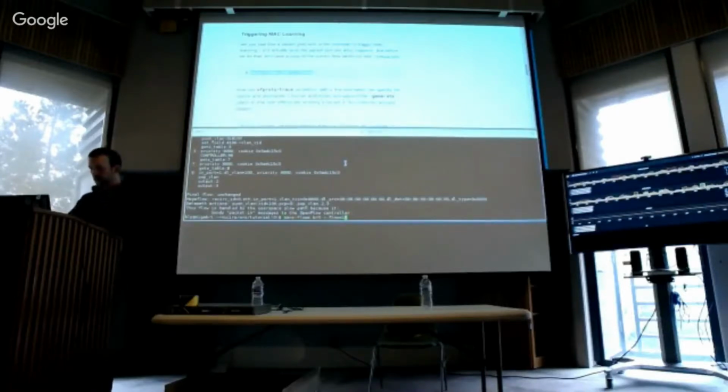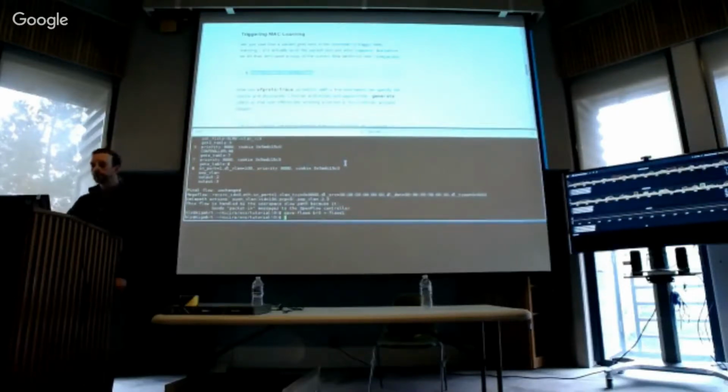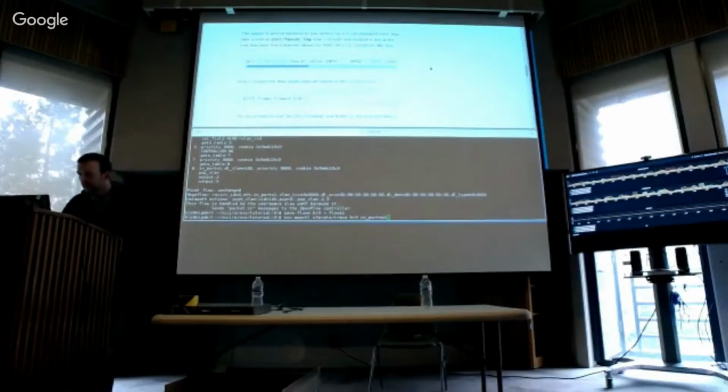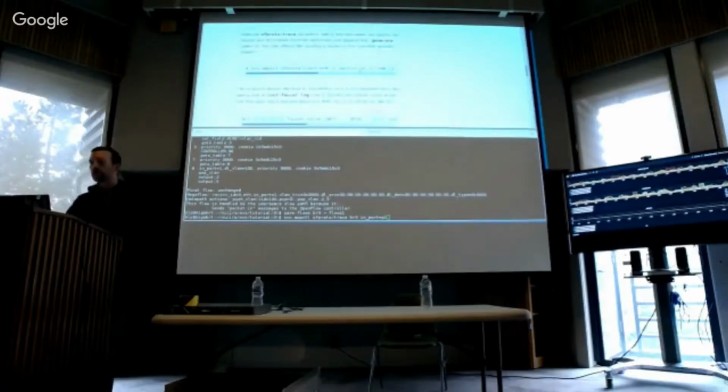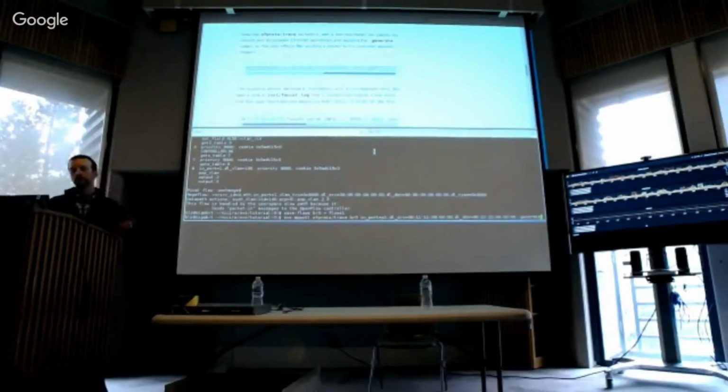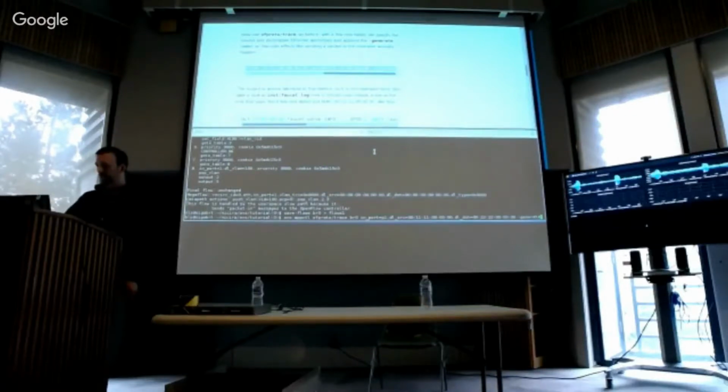So I'm going to save a copy of the current flow table to a file, and then I'm going to run a different command that actually specifies a non-zero Ethernet source and destination address, and I'm going to add this flag at the end, -generate, that says actually do this stuff. Don't just simulate it.